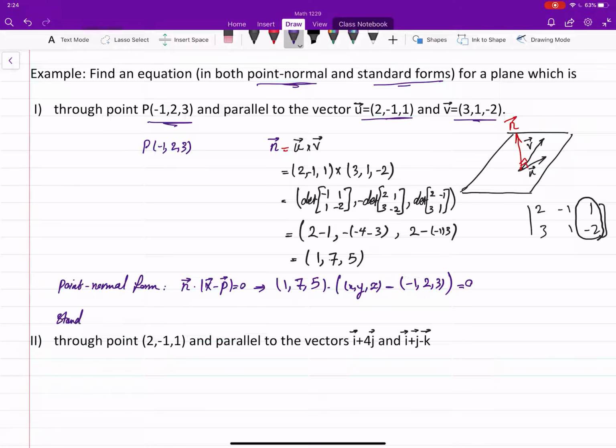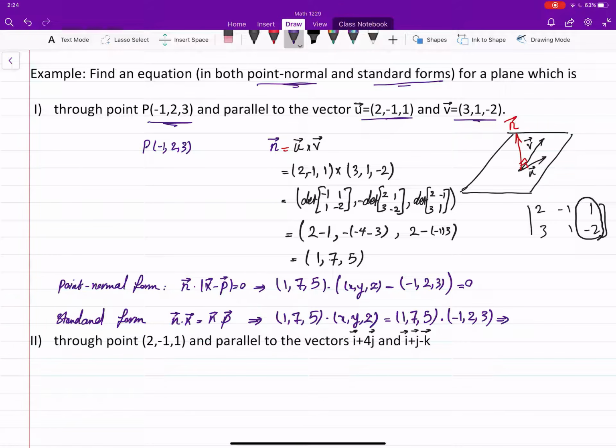To write the standard form, we always start with n dot x equals n dot p, and we expand it. Basically 1, 7, 5 dot x, y, and z equals 1, 7, 5 dot the point -1, 2, and 3.